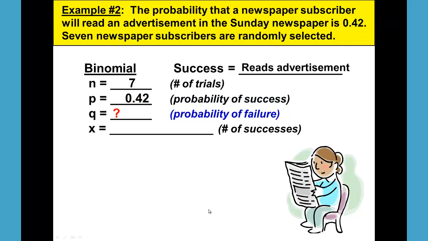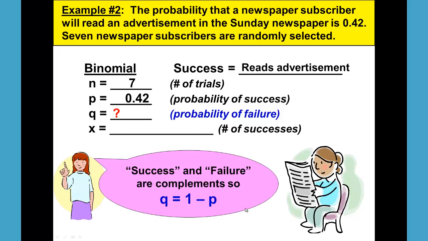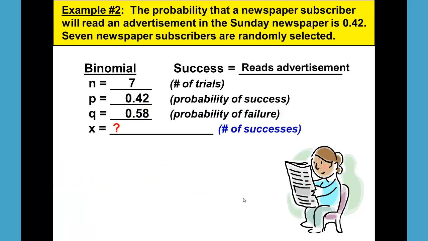The probability of failure, remember, is 1 minus 0.42, or Q is always equal to 1 minus P, since they are complements. Some of your text will use 1 minus P, and some of your teachers will use 1 minus P instead of Q. It is the same thing. So we have 0.58 as our probability of failure, and the number of successes would range from 0 through 7.